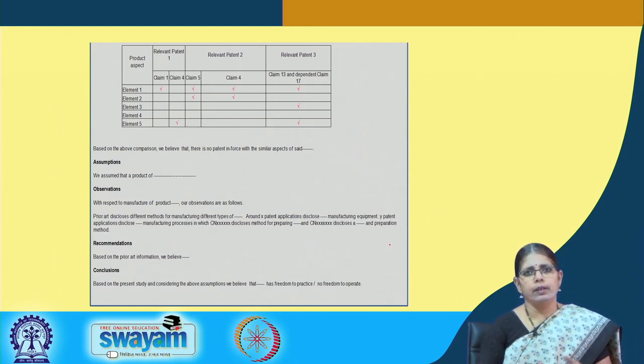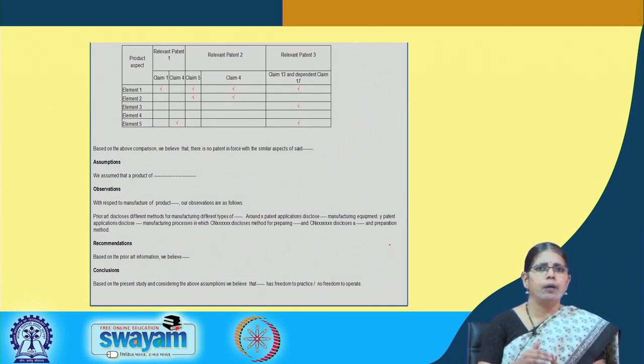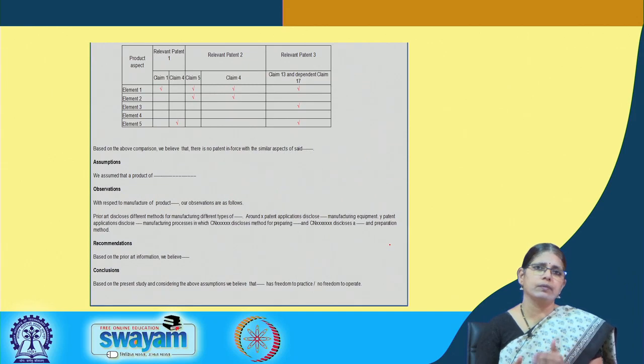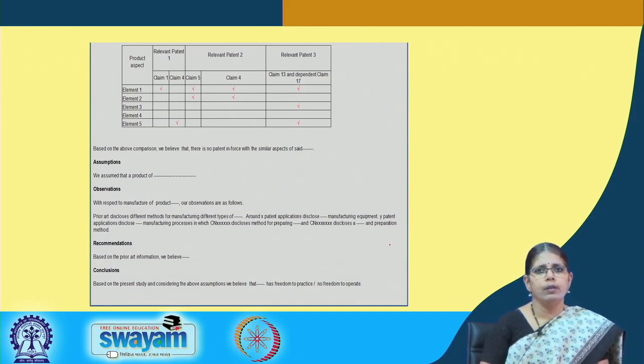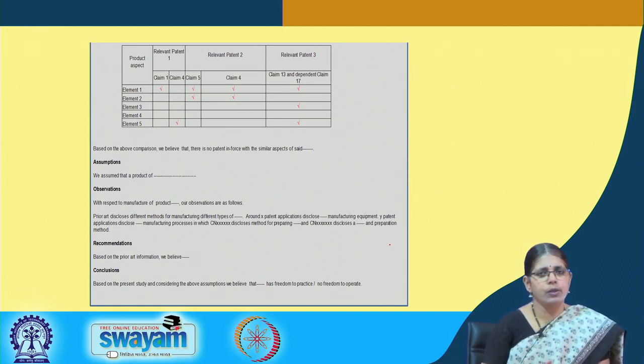Once you prepare the grid of which features overlap with certain claims, you get an idea about how the overlap is available with respect to each patent and the product. In this way you can rank the patents in terms of strength, and this provides very clear information in terms of which are the blocking patents.